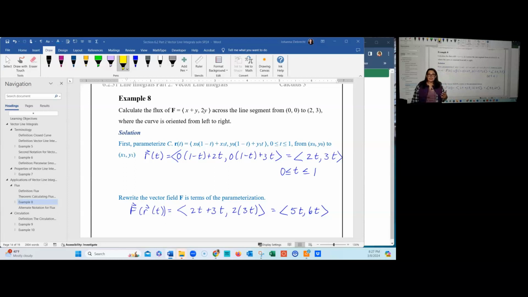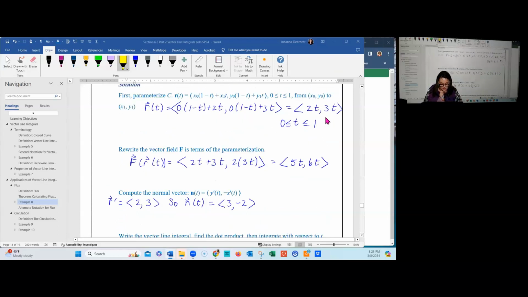Now, if I were finding the vector line integral, I could dot this with r prime of t and compute, but I'm looking for flux. So I need a normal vector, not a tangent vector. What I do instead is compute a tangent vector, which is the derivative of the parameterization. This gives me 2, 3 for a tangent vector. Based on the tangent vector, I swap the components and negate the second to get a normal vector of 3, negative 2.